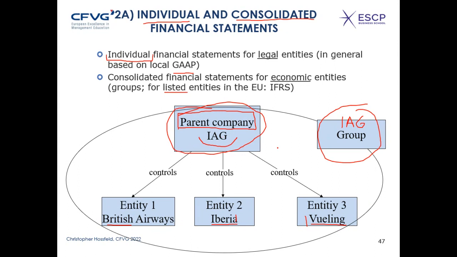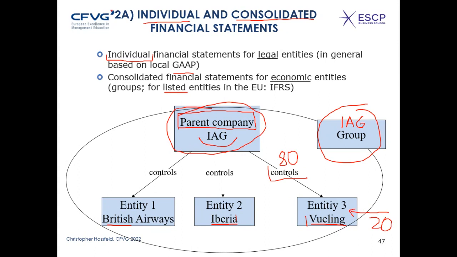For example, the parent company is listed, you have maybe 80% of another company, but the other 20% of Vueling, maybe, I'm not saying this is what's happening, can be listed. So sometimes in groups you have the parent company who is listed, but also subsidiaries that are partially listed. However, the fact that the subsidiary is listed does not limit the notion of control. And I will explain this later.